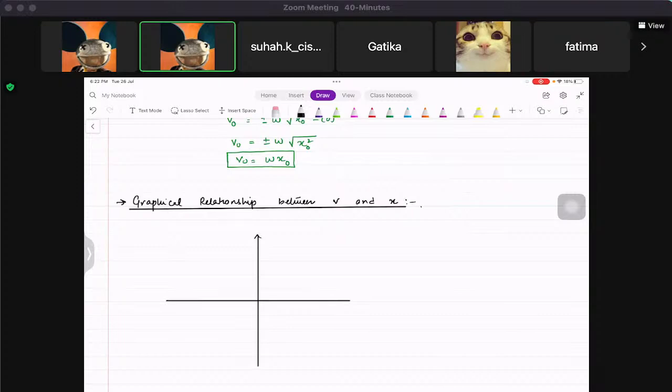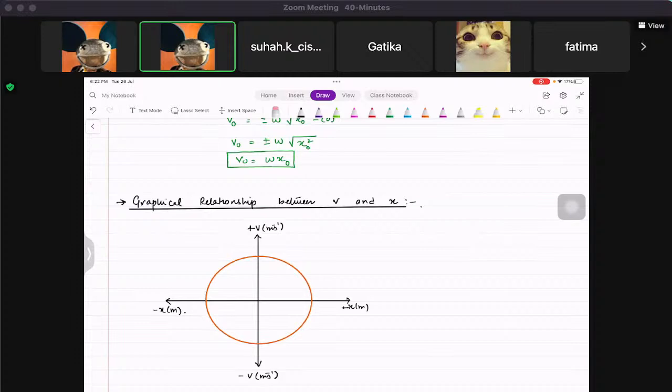So here is velocity in meters per second, positive and negative, and here you have displacement in meters, positive and minus. Now just remember that this graph will be a circle, an exact circle.